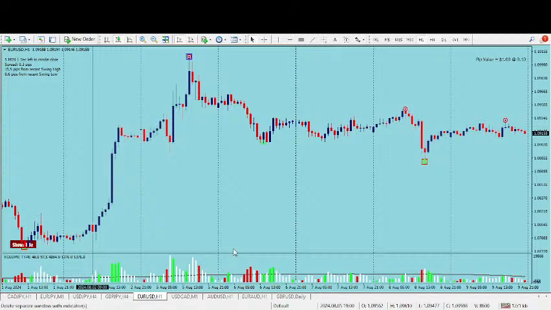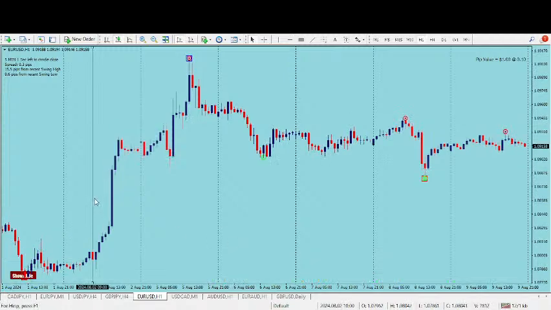Okay, let me use Euro USD. Yes. So the first thing we do, let me remove every indicator I want to remove. Okay.